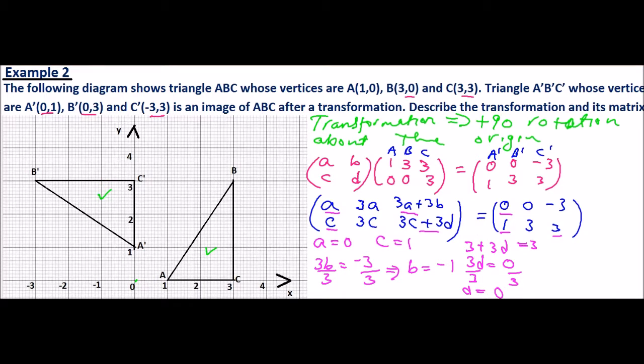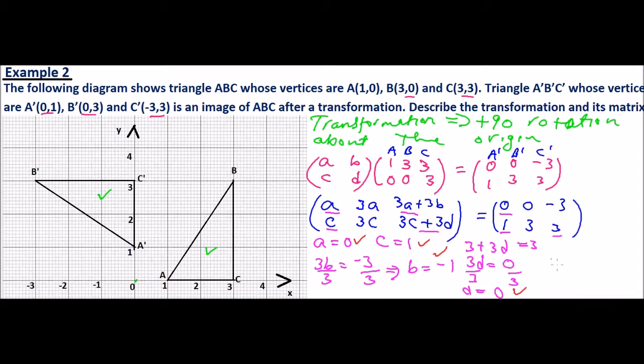So we have managed to obtain the four values. That is, our A is equals to 0, our B is equals to minus 1, our C is equals to 1, and our D is equals to 0.